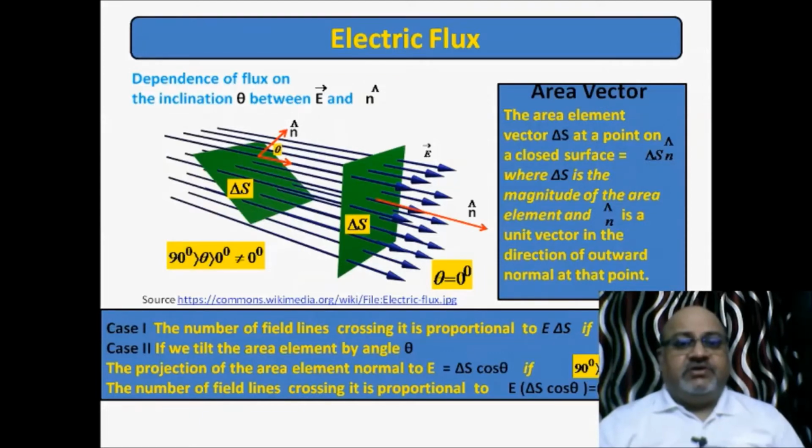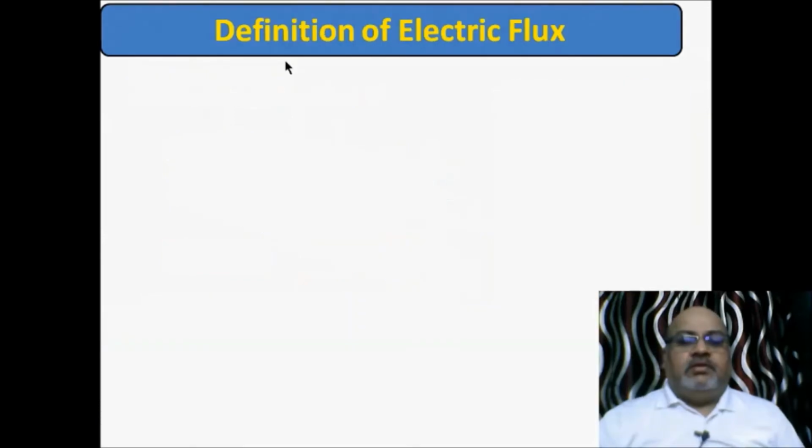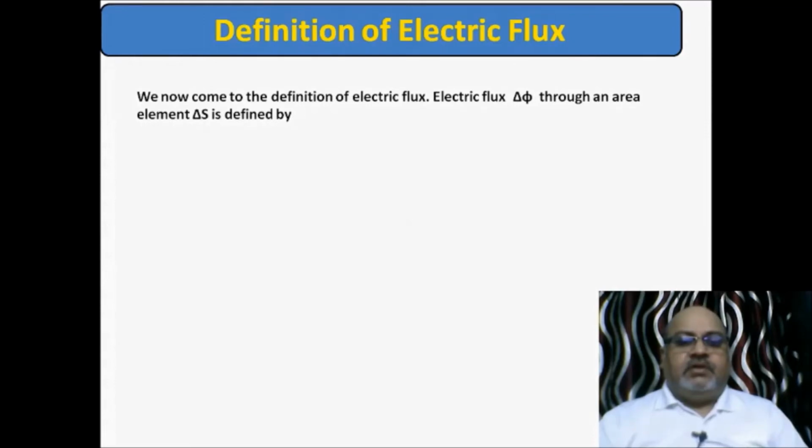Now theta equal to 90 is remaining here. Now the definition of electric flux. So how can we define it? This is very simple. We have already defined it.